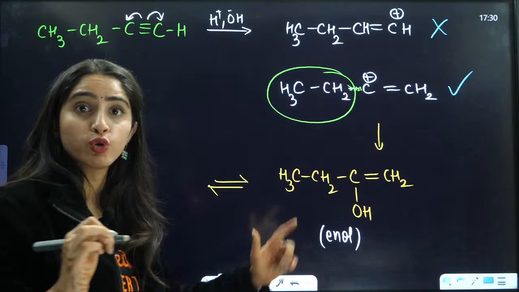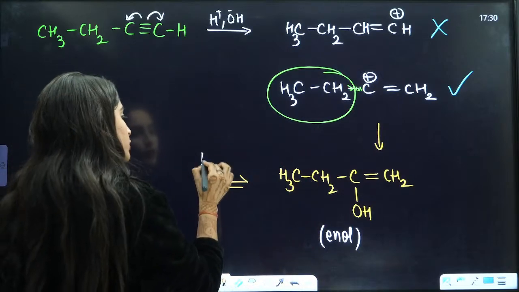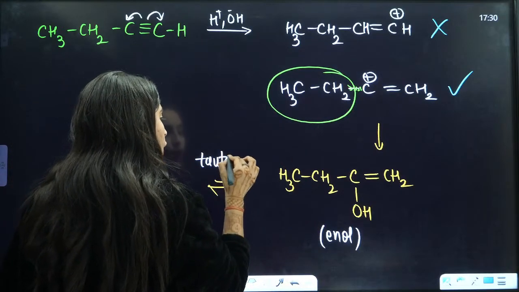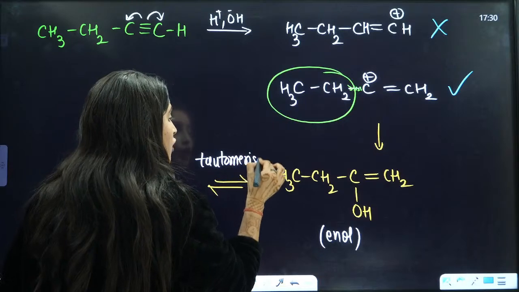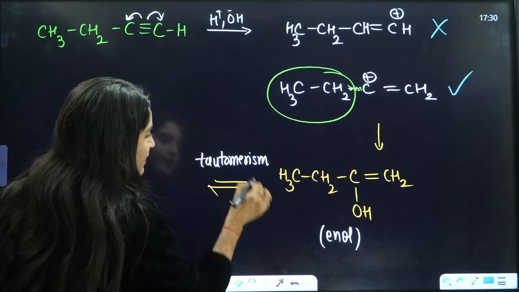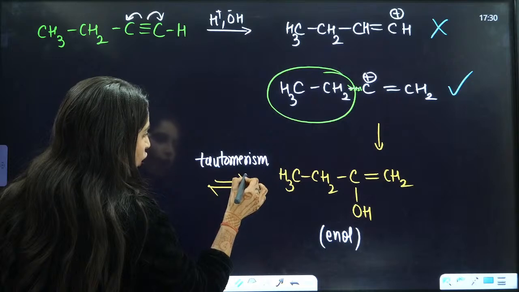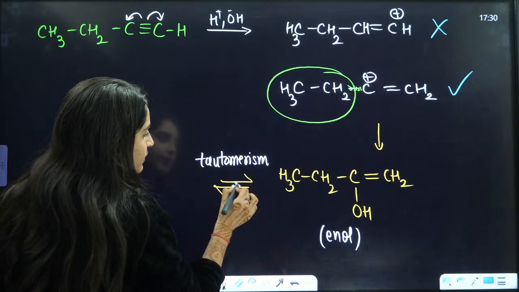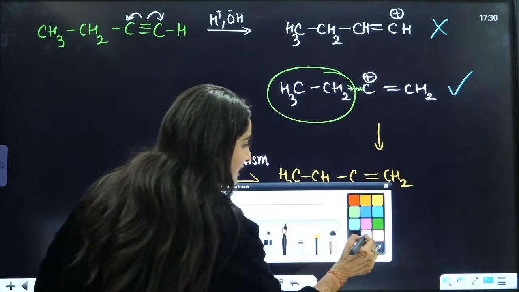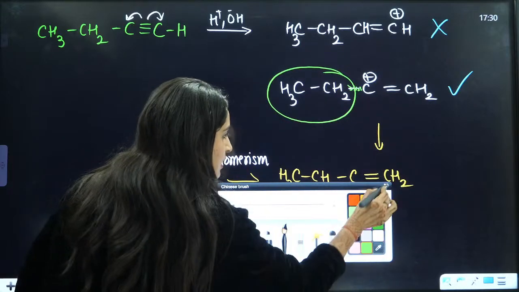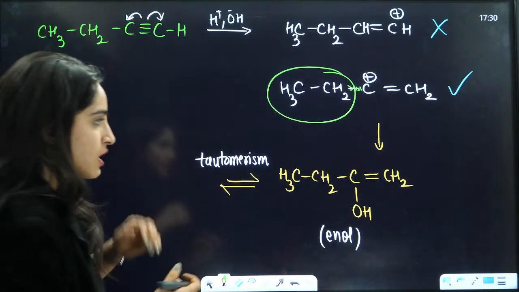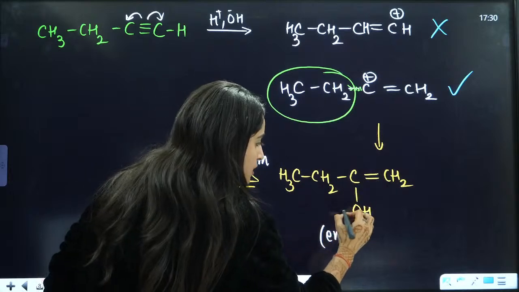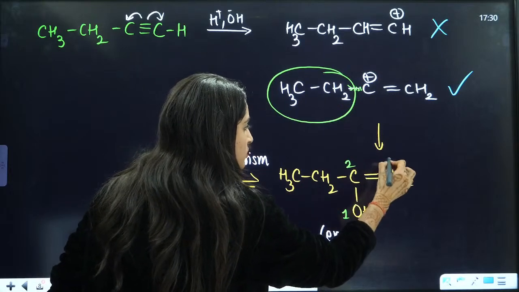Now we are going to do tautomerism here, a very simple thing. Basically this is 1, this is 2, this is 3.